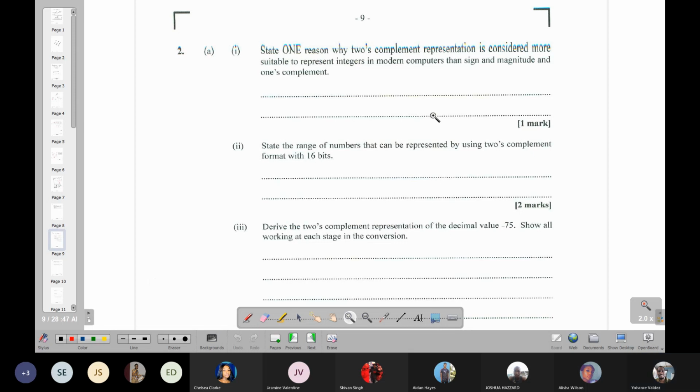All right. So state one reason why 2's complement representation is considered more suitable to represent integers in modern computers than sign and magnitude and 1's complement. There's actually 2 reasons that we can use.